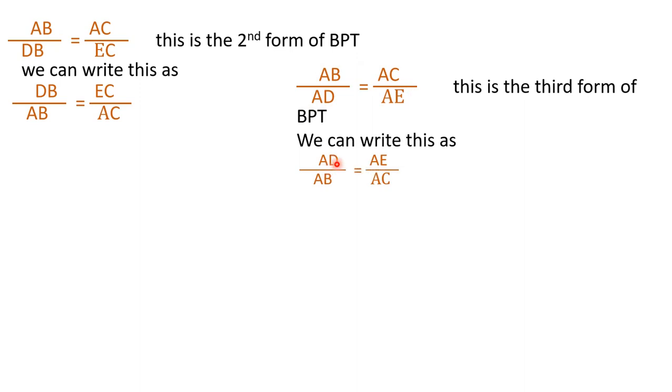So it will become AD upon AB is equal to AE upon AC. We are doing nothing but taking the reciprocals of the second and third forms by changing their places, numerator to the denominator and denominator to the numerator.